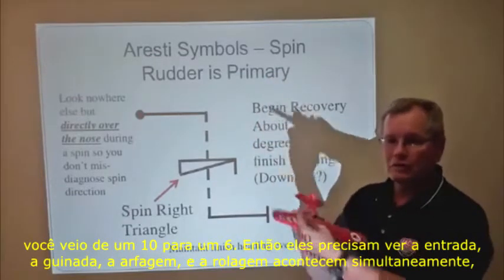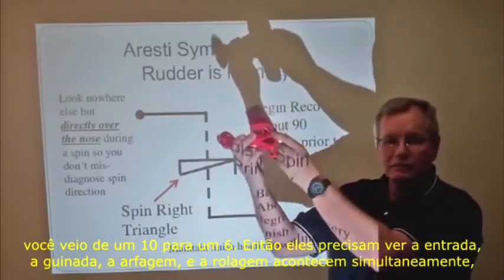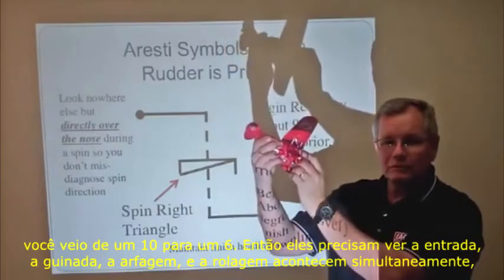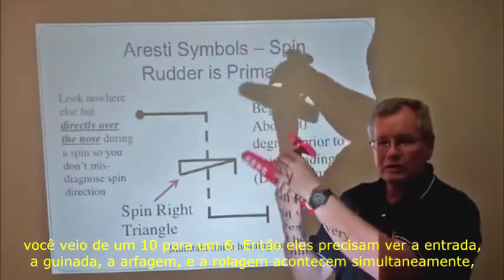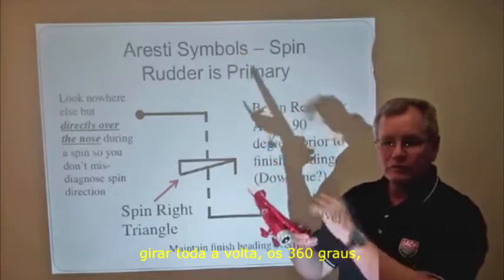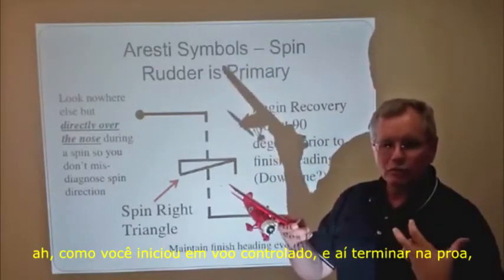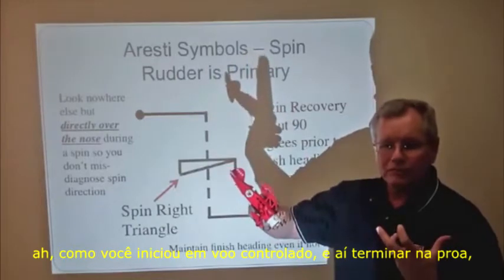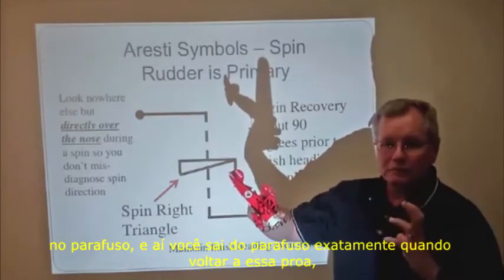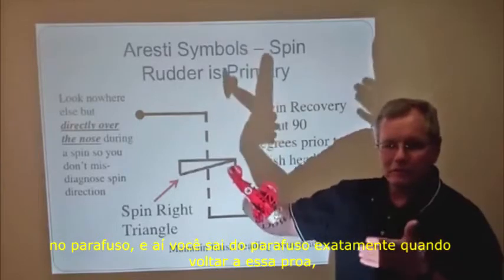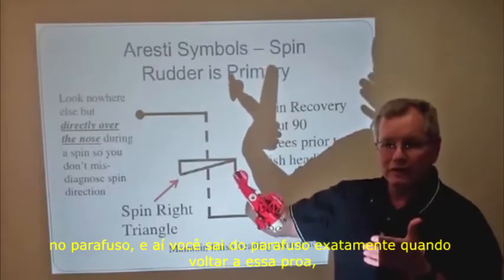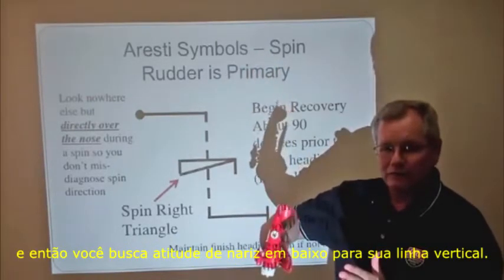Okay, so they must see the entry, the yaw, the pitch, and the roll start simultaneously, rotate all the way around 360 degrees as you've departed controlled flight, and then finish back on heading in the spin. Then you come out of the spin exactly as you get to the heading, and you establish your nose down attitude for your downline.